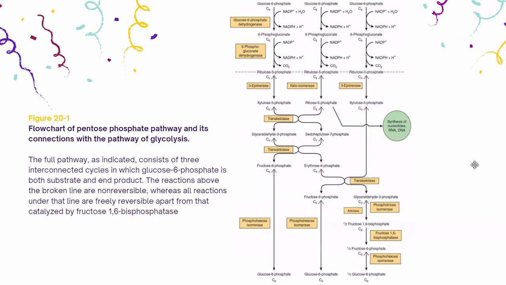So if you still remember our sugars, we divide the monosaccharides into whether they have 3 carbons, 4 carbons, 5 carbons, 6 carbons, and 7 carbons.